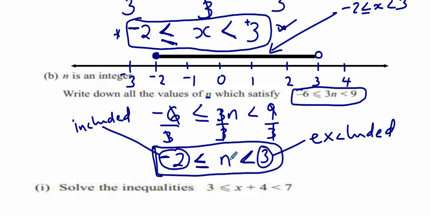How did I know that 3 should be excluded? It's because of this symbol, less than. All the numbers which are less than 3. So 3 will be excluded.